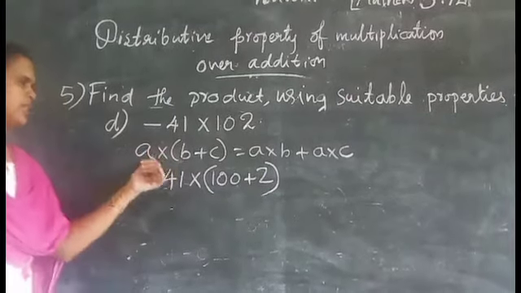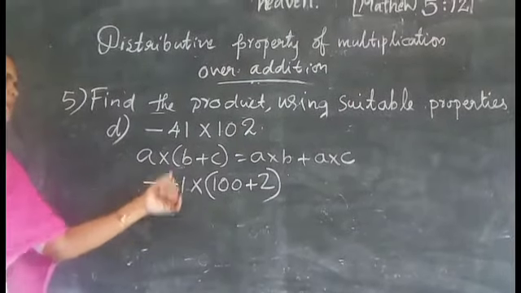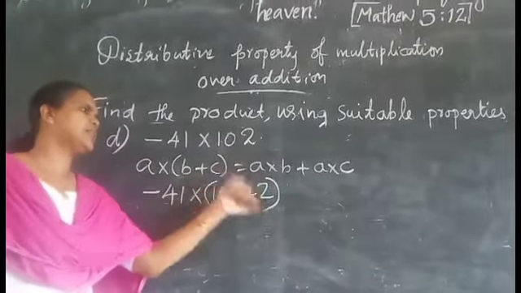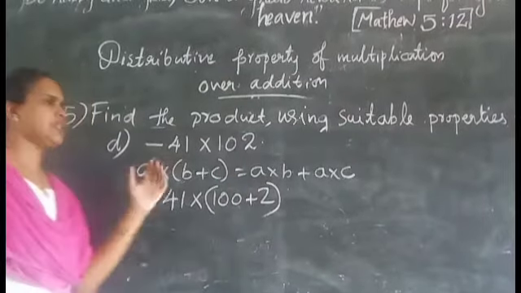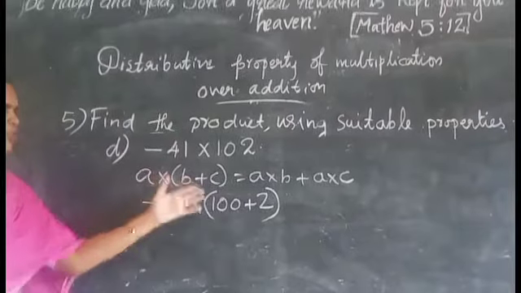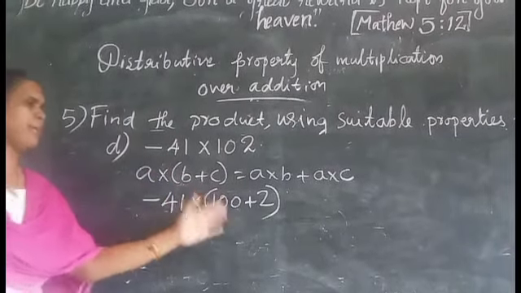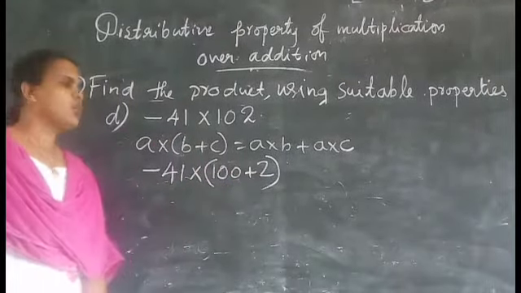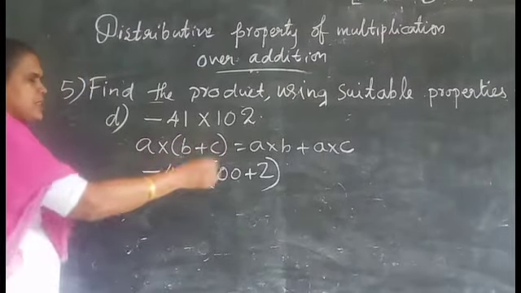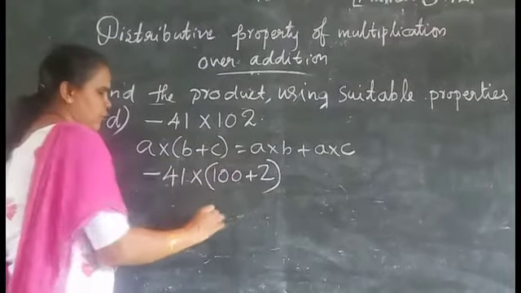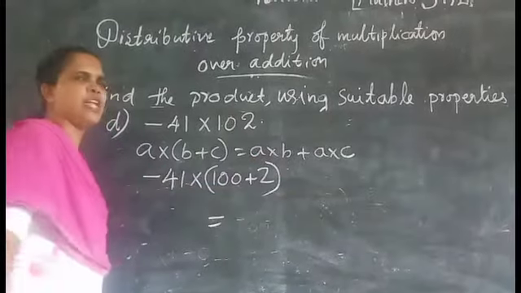So we can select A as negative 41, B as 100, C as 2. So it is the LHS part, A into B plus C.